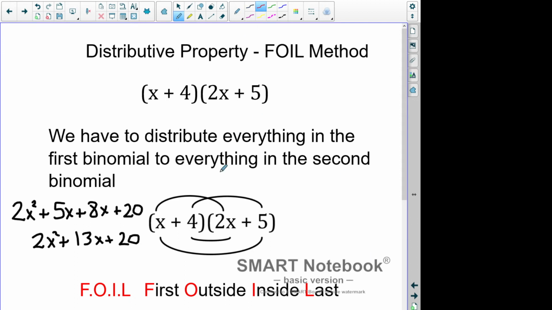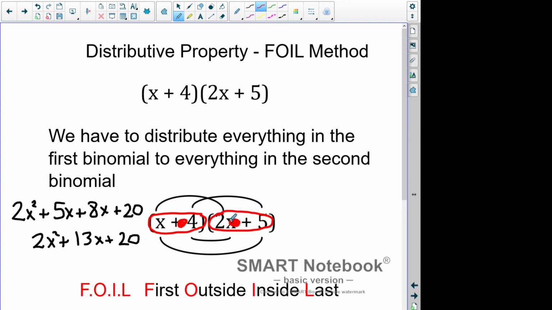So quick story here. When I was in high school and I was learning about the FOIL method, I had a teacher who talked about Mr. FOIL. And so he said, well, this kind of looks like his eyes here, right? And then here's kind of his hair, and I was never sure if this was his nose or if it was a smile or something. Anyway, you can kind of see a face in there. These are glasses here, right?